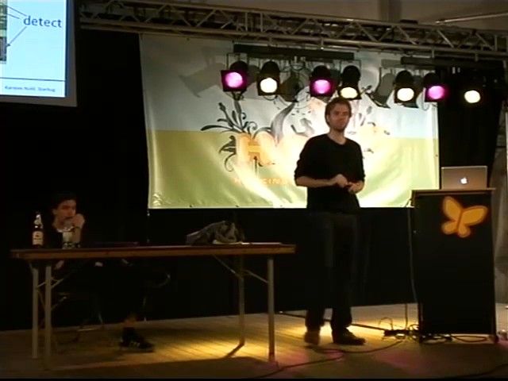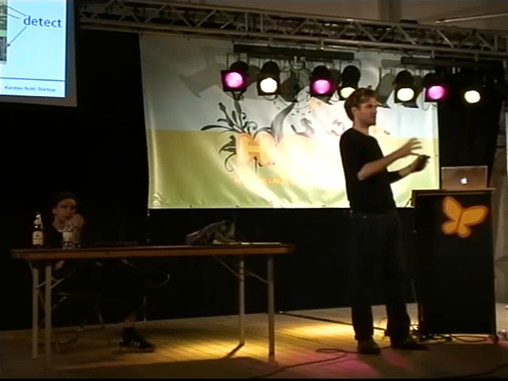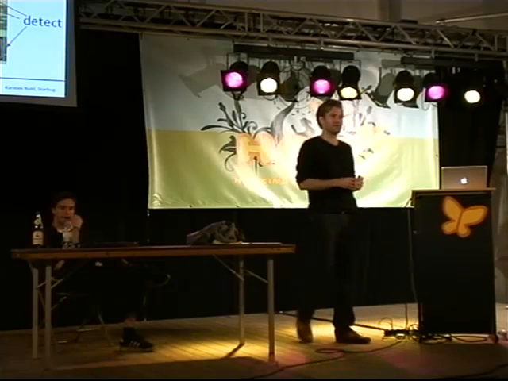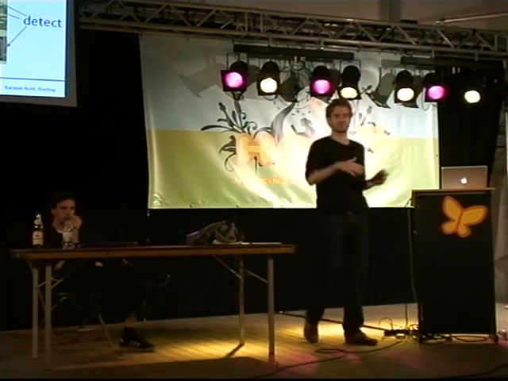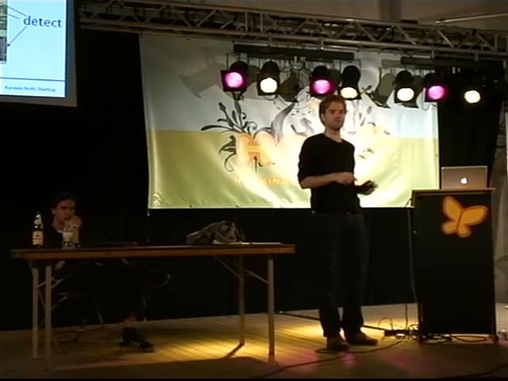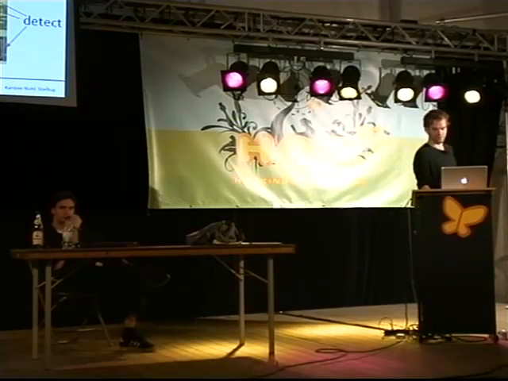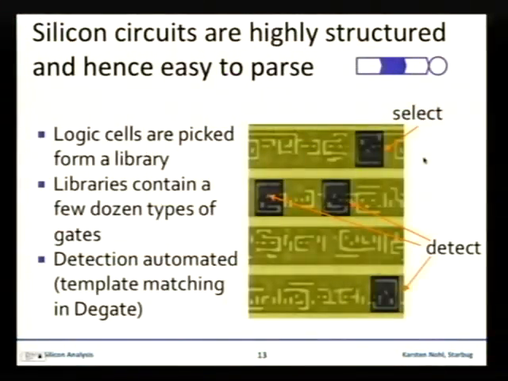Whenever the same function is used on a chip, and there are only very few functions, the same instantiation of this function is pulled from some library. So very similar to assembly code, where the same instructions will be occurring over and over again. These are the assembly instructions. So this function, for instance, occurring 4 times in this image, is actually the same function pulled from a library.